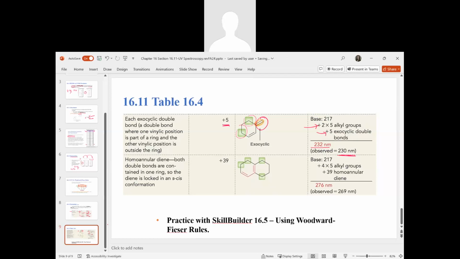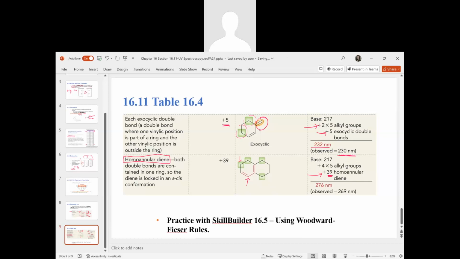And last but not least, we have this specific term here, homoannular diene, where both of our double bonds are contained within one ring, and they are locked in that s-cis conformation within the ring. Because of that, being a homoannular diene, we add plus 39.